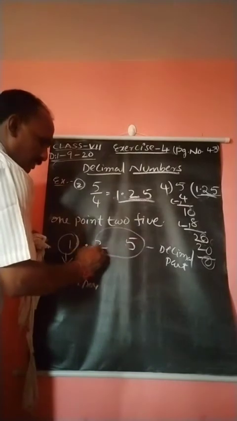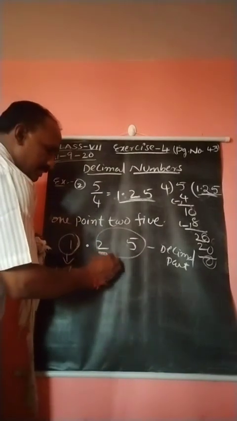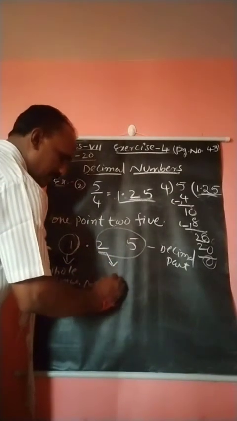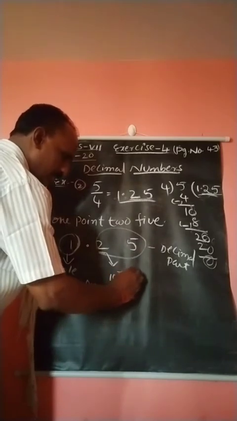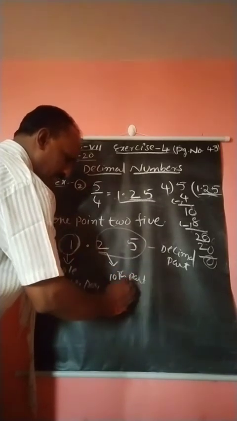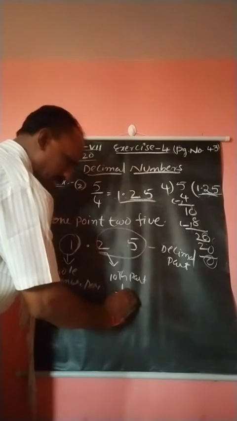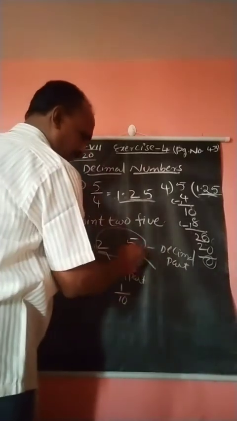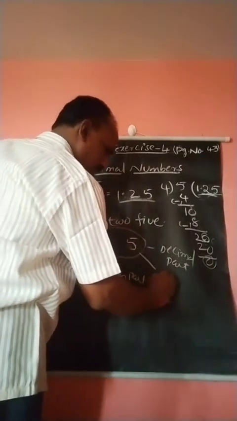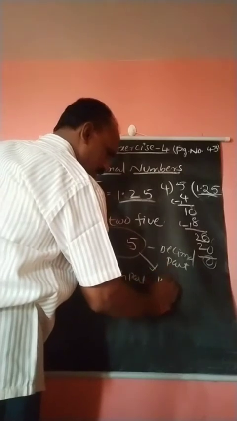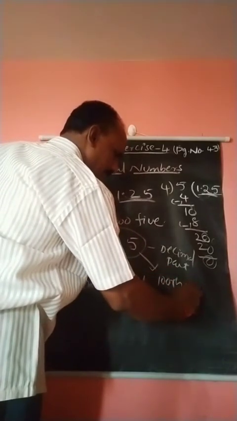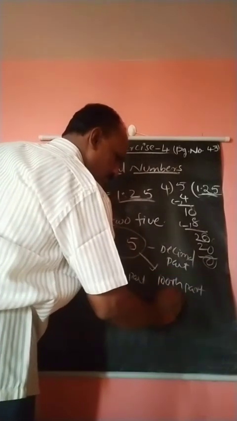After the point, the decimal part starts with the tenth part, which means 1 by 10. And this is the hundredth part, which means 1 by 100.